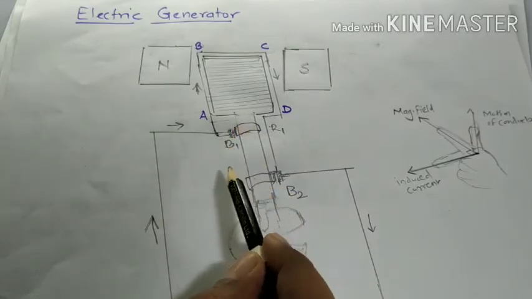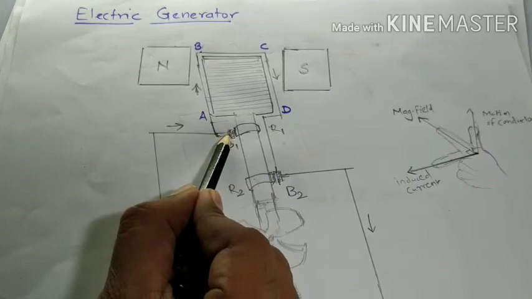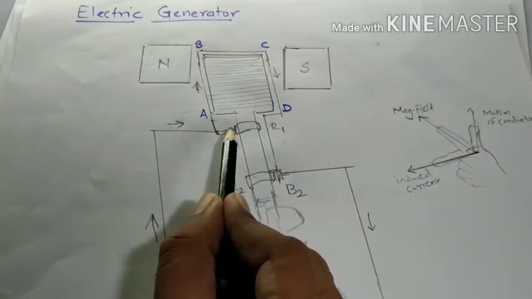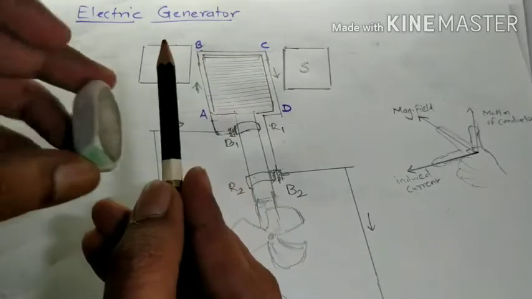Two are the split rings. This is the brushes. Brushes and split rings are arranged like this.